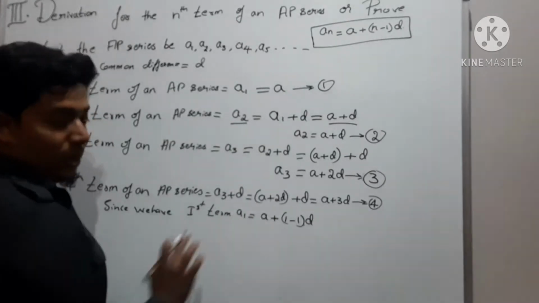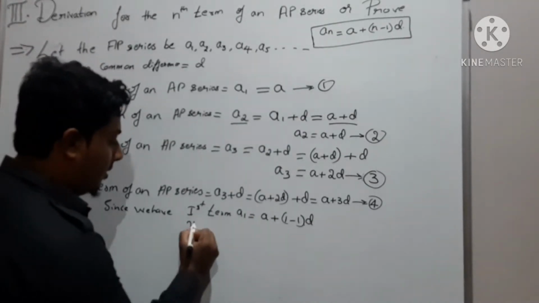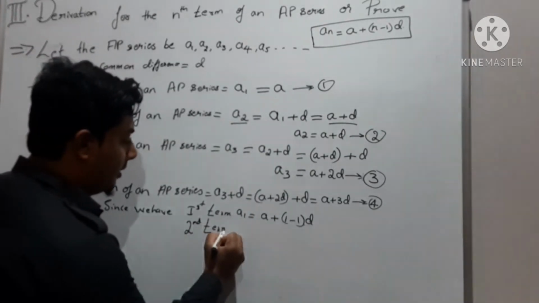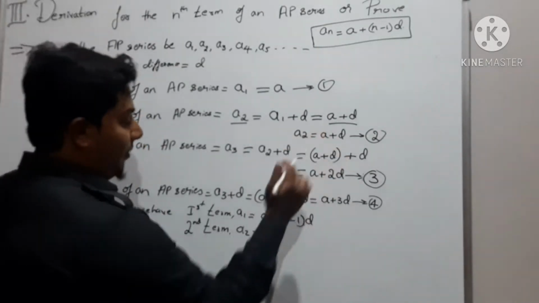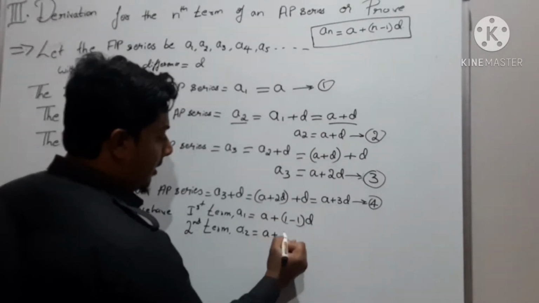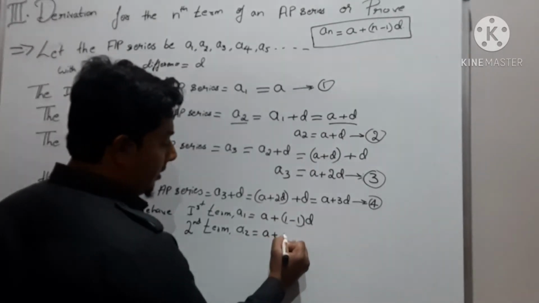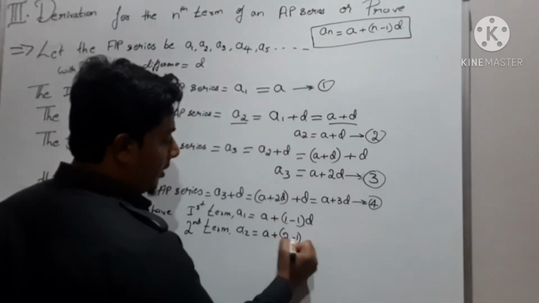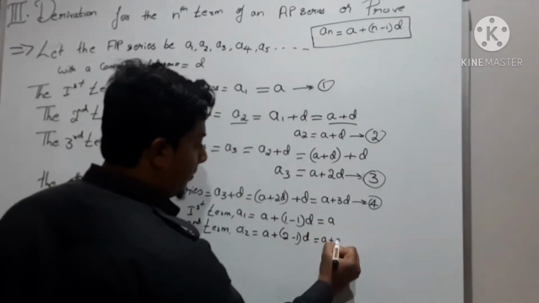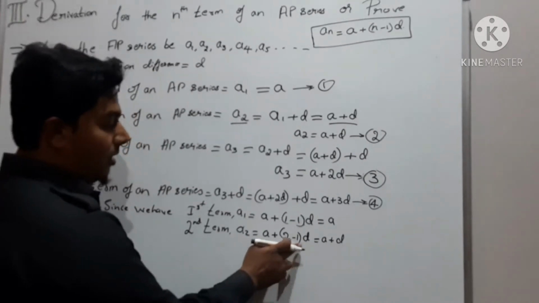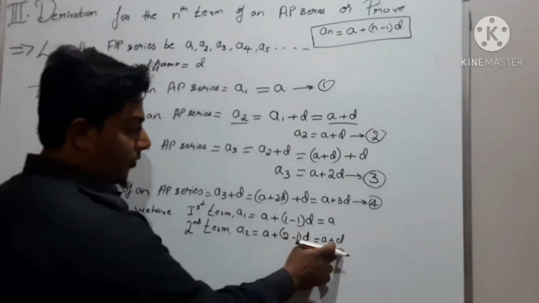So a1 is equal to a. The second term a2 is equal to a plus d, which can be written as a plus 2 minus 1 times d. 2 minus 1 is 1, so the coefficient of d is 1.